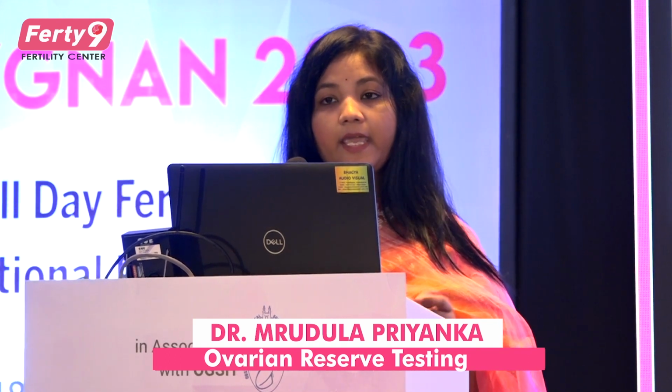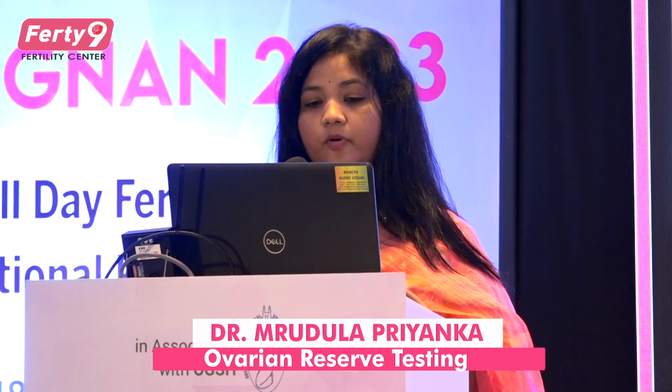From the physiological point of view, AMH is secreted from the resting pool of follicles, that is before they are recruited: primordial, primary and very early antral follicles. Whereas the AFC, the antral follicles, are a recruitable pool which are sensitive to FSH.